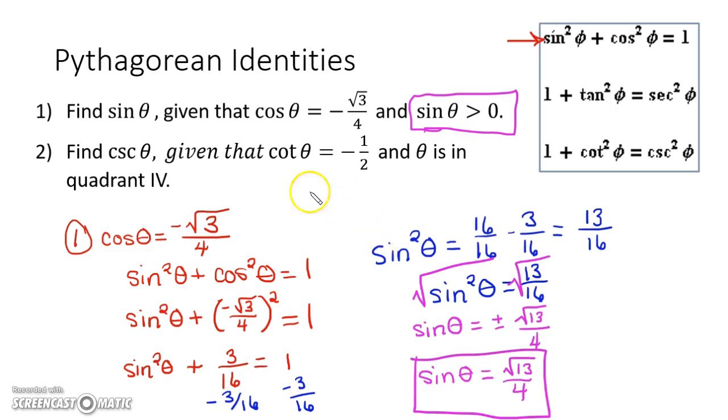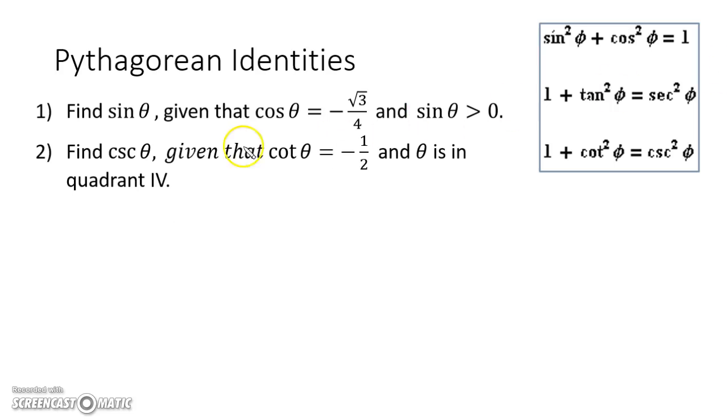Let's try that again, but for the next one, let's go ahead and find cosecant of theta, given that cotangent of theta equals -1/2, and theta is in quadrant 4. So we are trying to find cosecant, but we know cotangent. So we want to choose a Pythagorean identity that contains cosecant and cotangent. Well, it looks like it's right here, right?